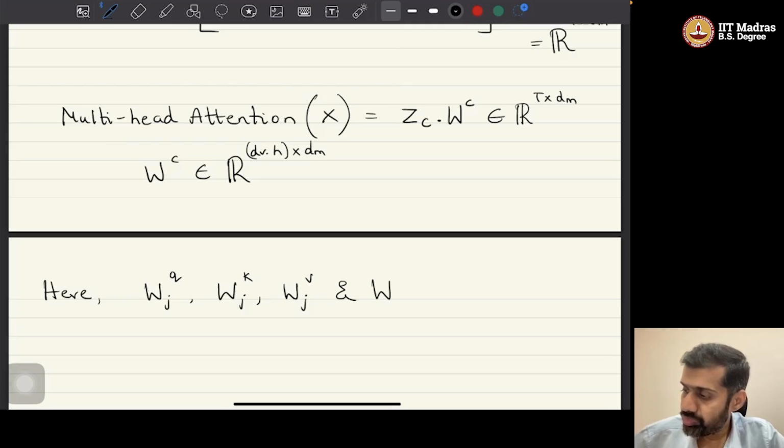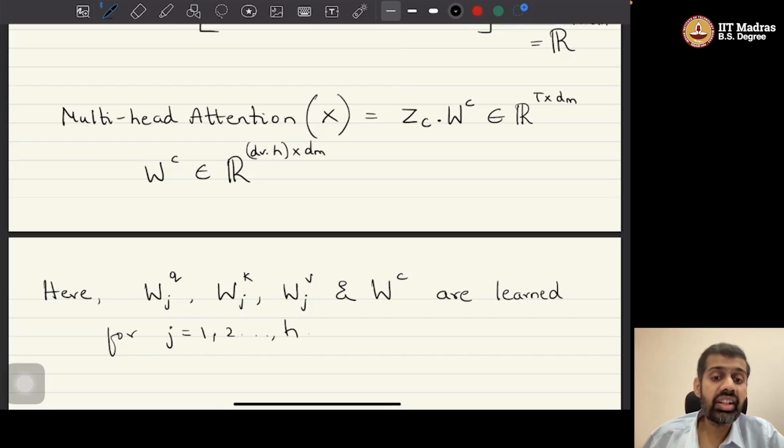These are learned for j equal to 1 up to H. So in multi-head attention, instead of learning one query, key and value matrix, we learn H of them, each corresponding to a head. So this is the idea of multi-head attention.